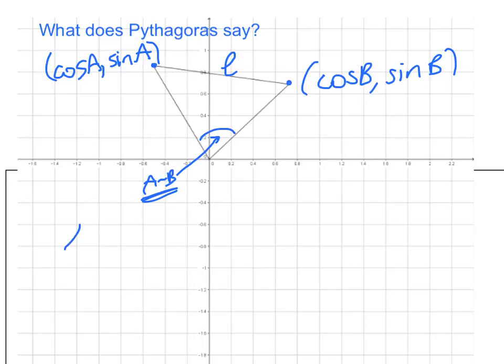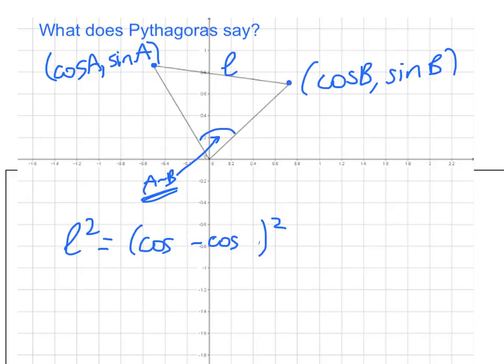Well, this should feel easier than the cosine rule, because you're all good at coordinate geometry. So L squared is my horizontal distance squared plus my vertical distance squared. So cos A minus cos B, squared. Now I think I've done that backwards from how the book's done, so I'm just going to change that. It doesn't matter.